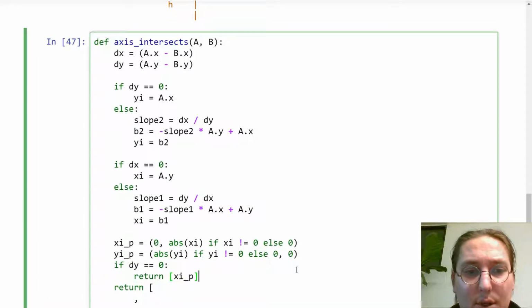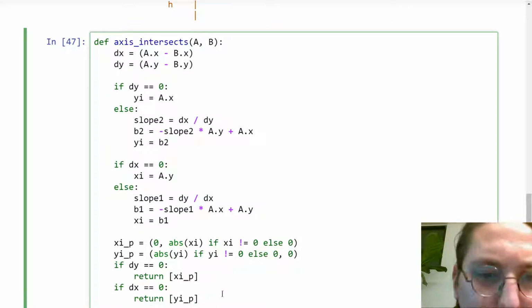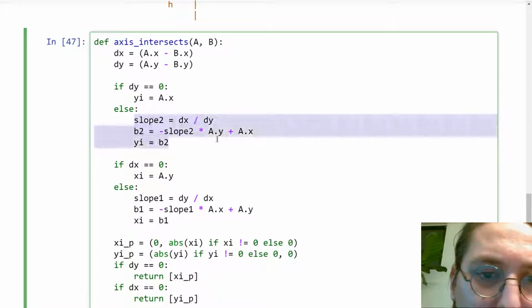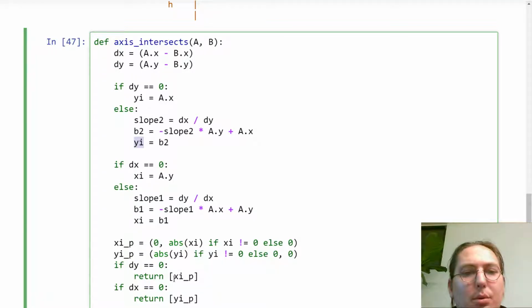And if dx is 0, then we return the y, or maybe reverse. I haven't thought about it that much. Okay, so let's think about this. If dy is greater than 0, then this is meaningful. So if dy is greater than 0, then y1 is meaningful. So I did mix it up. Makes more sense?